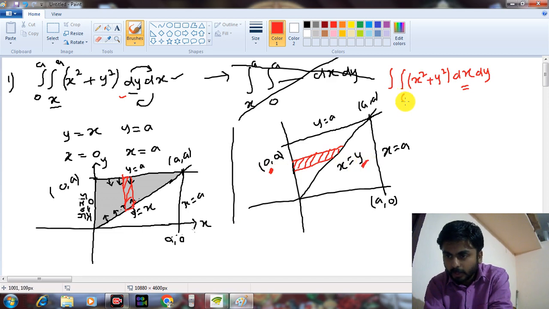So x equal to 0 to y, and to find y we have to identify where the region exists.